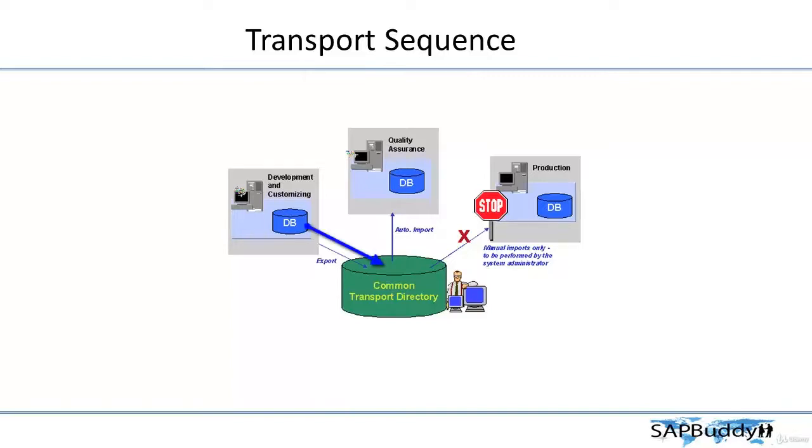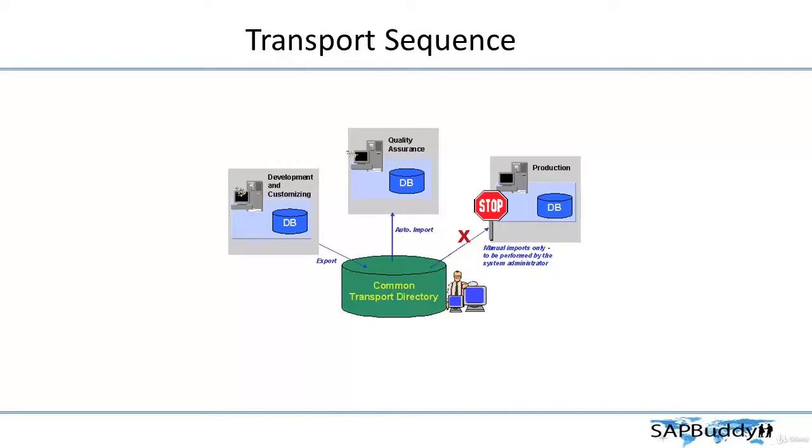Once it is copied over, how does it happen? It will copy over all the changes, all the objects which you have developed in the SAP system, into a raw file, and it saves into the common directory.